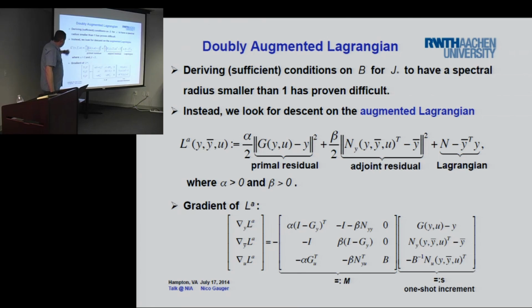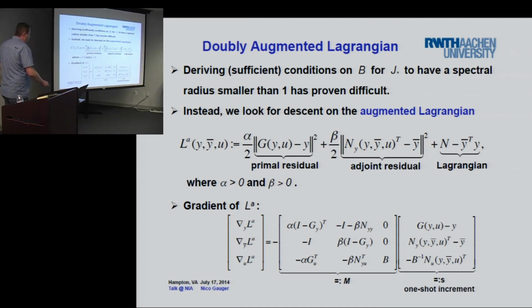Okay, it turns out that this is an exact penalty function for our initial optimization problem, and the gradient of the augmented Lagrangian can be expressed by this matrix times this increment vector. So this is the increment in the primal, the adjoint, and in the design. And now I have a one-to-one correspondence between stationary points, so fulfilling a necessary condition of KKT with respect to the augmented Lagrangian, which is an exact penalty function with respect to the Lagrangian here on that side.